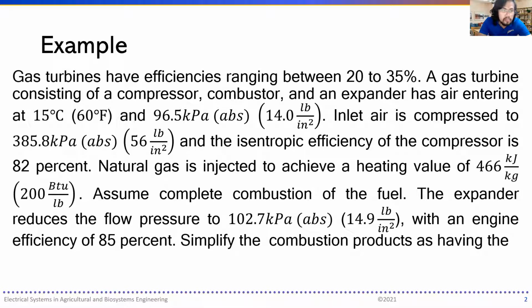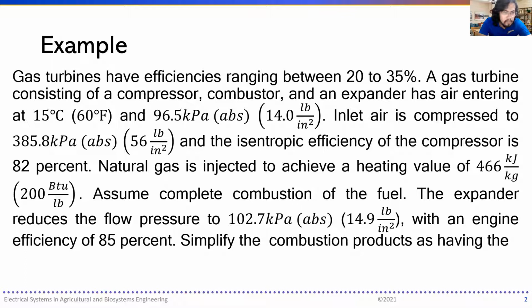Inlet air is compressed to 385.8 kilopascals absolute, or 56 psi, and the isentropic efficiency of the compressor is 82%. Natural gas is injected to achieve a heating value of 466 kilojoules per kilogram, or that is equivalent to 200 BTU per pound. Assume complete combustion of the fuel.